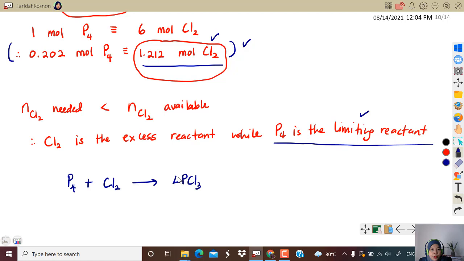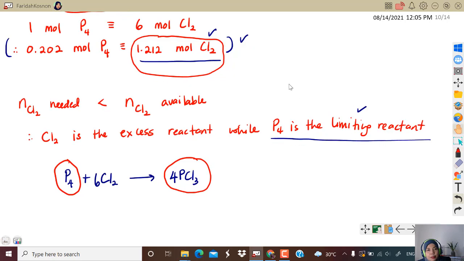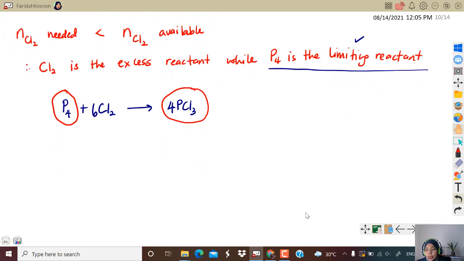Kat sini 4, sini 6. Jadinya sekarang kita kena ramalkan berapa mol PCl3 yang dijangkakan akan terhasil. How many moles of PCl3 expected to be produced if we have 0.202 mole of phosphorus tu tadi. Jadi kita kena buat perkadaran macam biasalah.